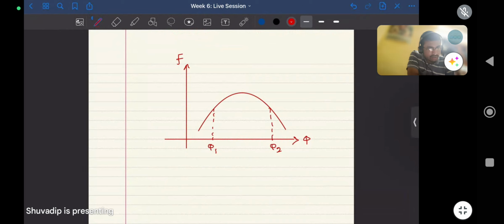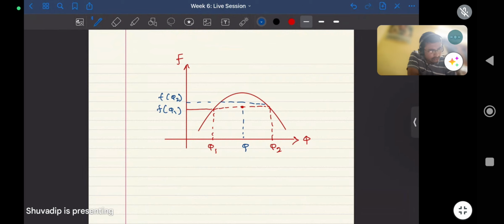If you mix these two, this will be f of phi 1, this is f of phi 2, and this is phi.